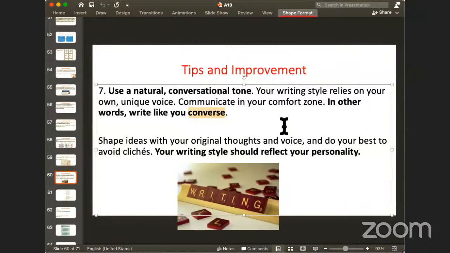When you're explaining something, usually we start from the bigger idea, and then we start getting more specific. Try to use this conversational tone, and it's as unique as the way you are. You are unique, and your writing is unique.